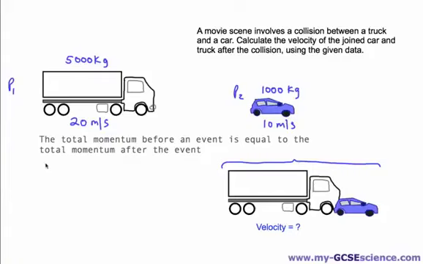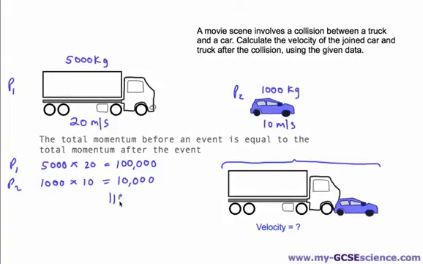So for the truck, it's 5,000 times 20 equals 100,000, and for the car, it's 1,000 times 10 equals 10,000, and the total momentum would simply be a case of adding those two together.